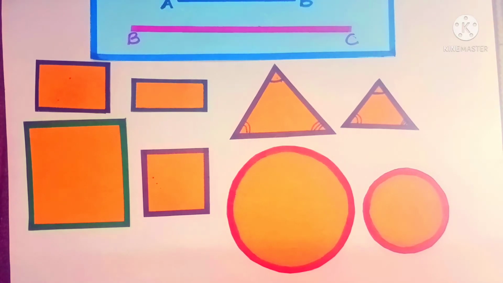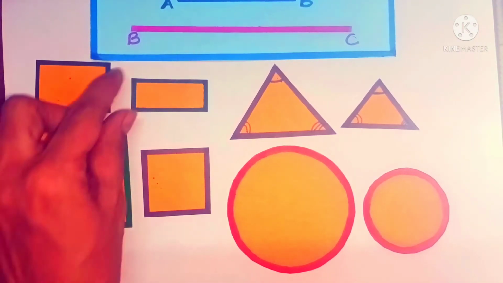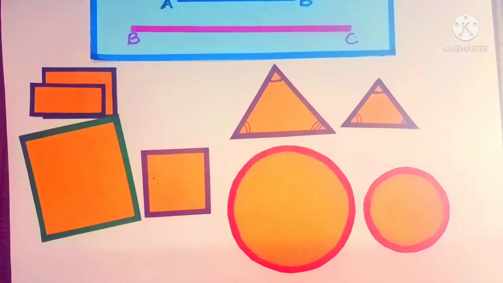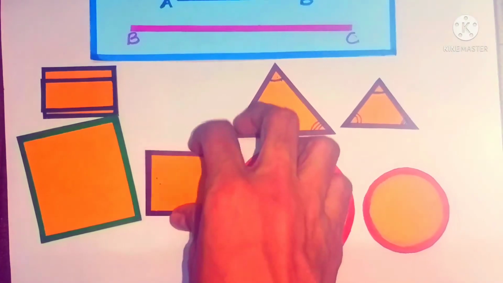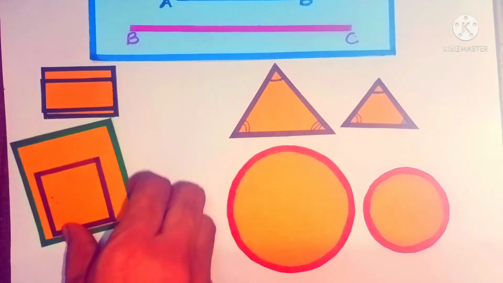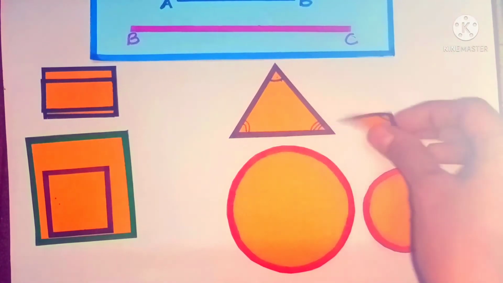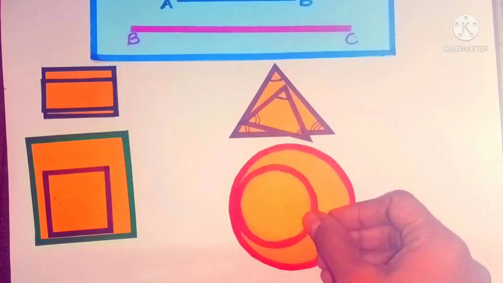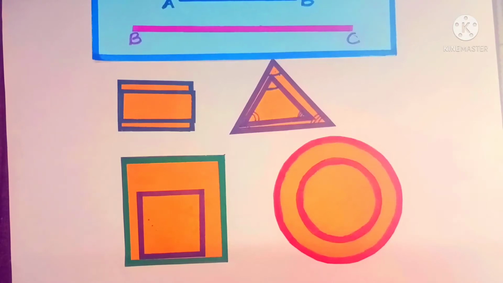So what can we confirm? When I take this rectangle and keep it on this rectangle, this square on this square, this triangle on this triangle, and this circle on this circle, what do we see? We see that these shapes do not overlap each other.